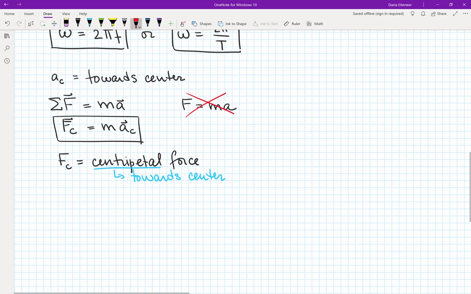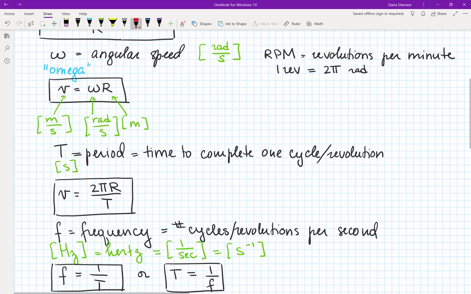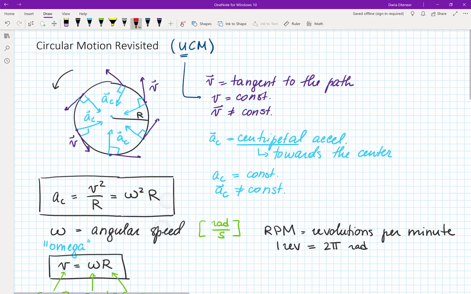In fact, let's go back to our picture up front, and let's also draw the direction of the centripetal force. I'm not trying to create a free body diagram here. That's later. I'm just pointing out that centripetal force and centripetal acceleration are both pointing towards the center of the circle, hence the name centripetal.